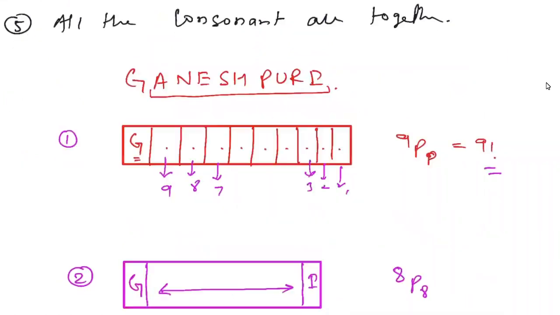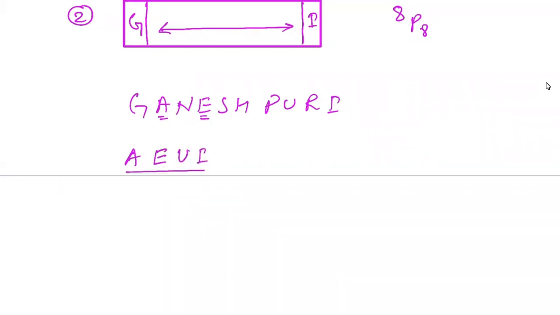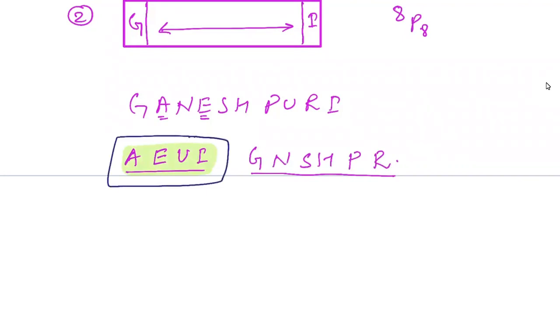Third one, all the vowels are together. In Ganesh Puri, A, E, U, and I, these four vowels are there, and consonants are N, S, H, P, R. In this case, these four vowels must be together, so we take all the four as one.